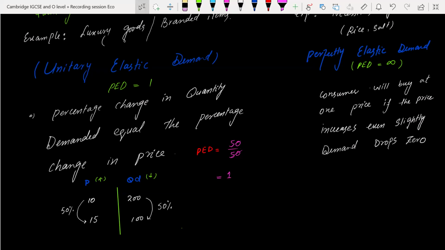And in perfectly elastic demand, the demand curve will be horizontal. For example, if you see a demand curve like this, it means it's a perfectly elastic demand curve.